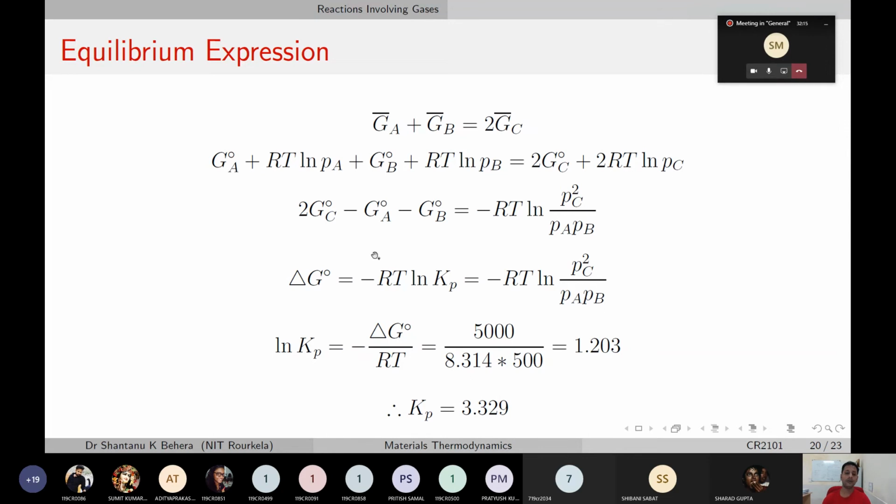And now if you rearrange some of these things, you'll find that this is the products minus the reactants standard free energy, that is minus RT ln PC squared by PA PB, and this term would differ depending on the coefficients that you have, and in a generic way you can put it by putting an x and y depending on the reaction that happens, right?